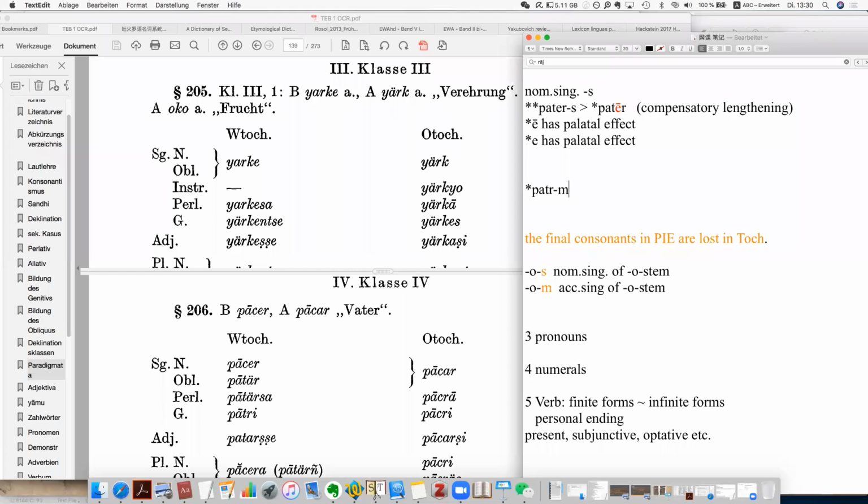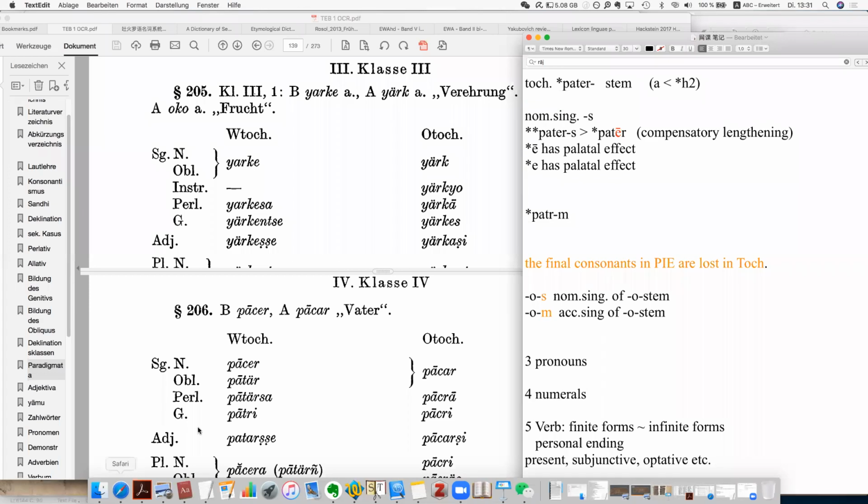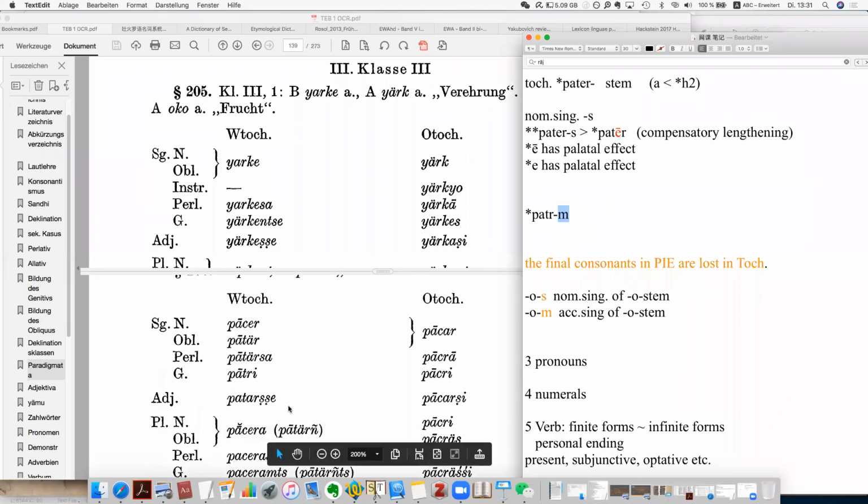So it will become pater, because here there's no long A, but simply an M. So there will not be the palatal effect for the accusative.